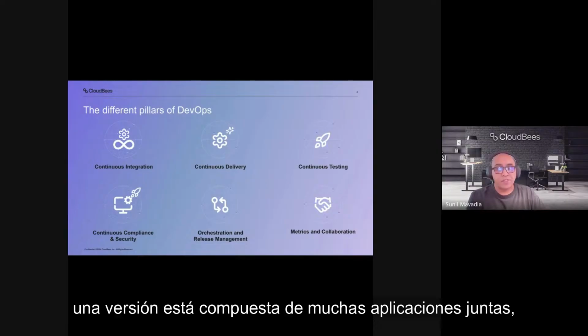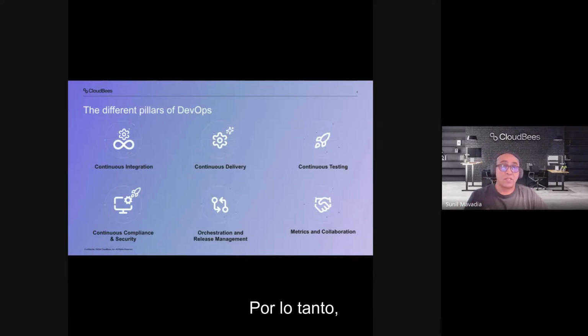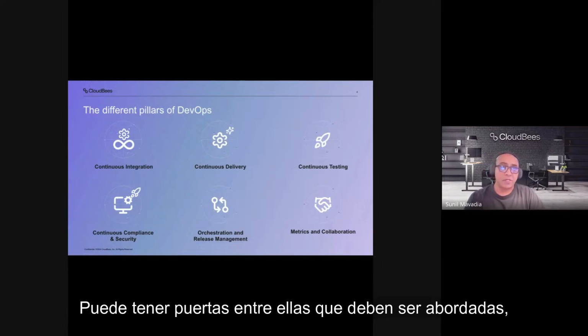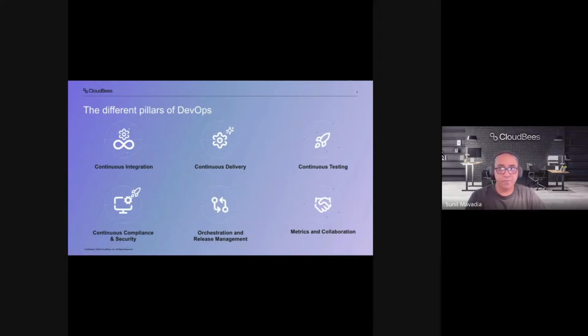And those applications are going from the test environment to the QA or the staging environment, or to production. And so the continuous delivery pillar is preparing these artifacts for each one of those particular stages. And you might have gates in between that need to be addressed. For example, maybe a manual approval, very specifically in regulated environments where somebody has to approve for an artifact to go from one environment to the next.